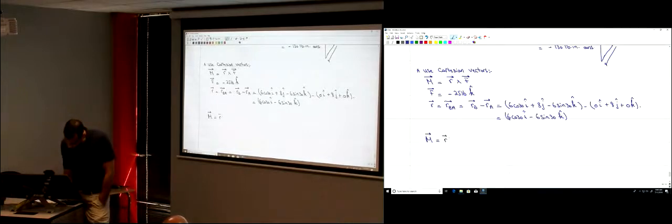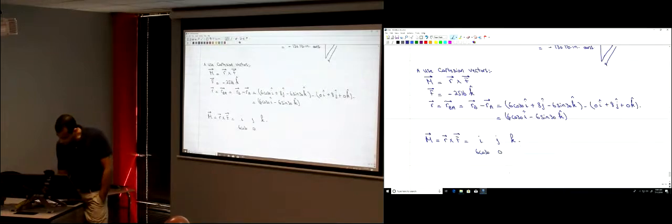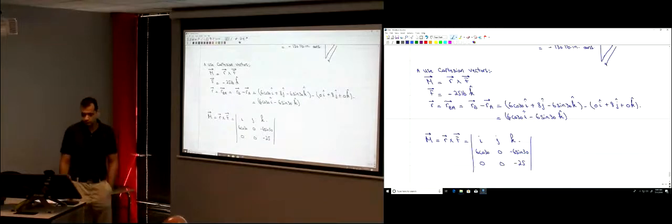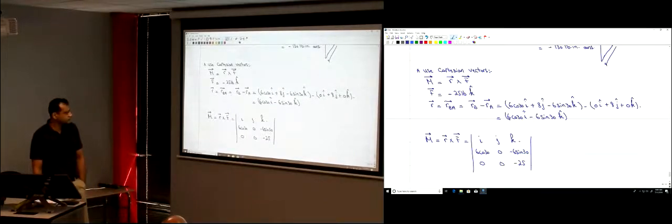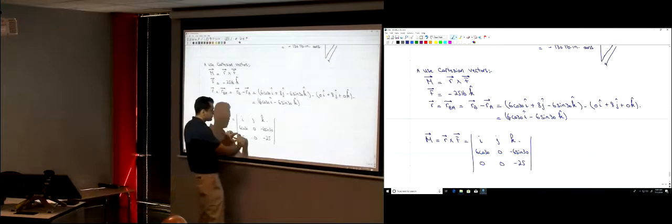It is equal to R cross F. So this is I, J, K, and then the three components of R, which is 6 cosine 30, 0, minus 6 sine 30. The force we have 0, 0, negative 25. Okay? So now, to do this calculation, I will use this row.